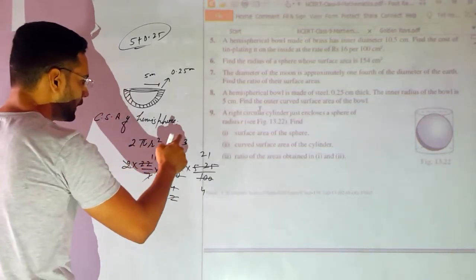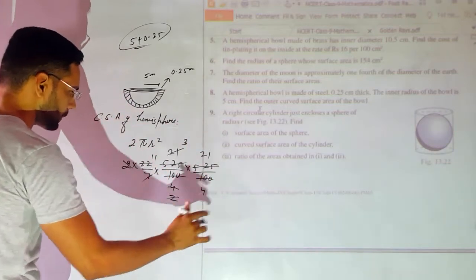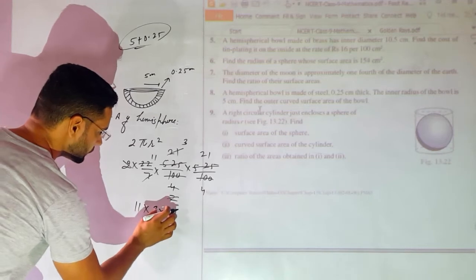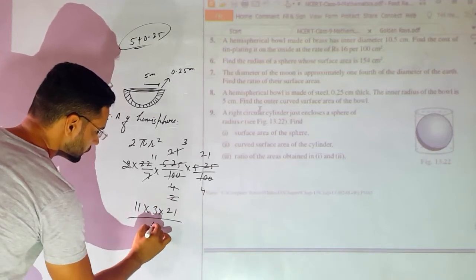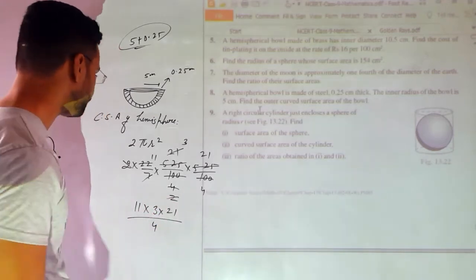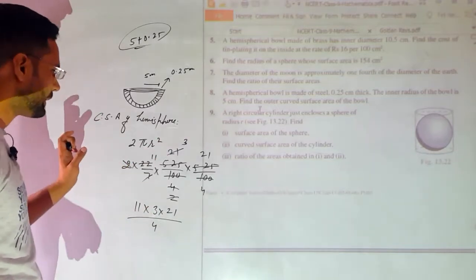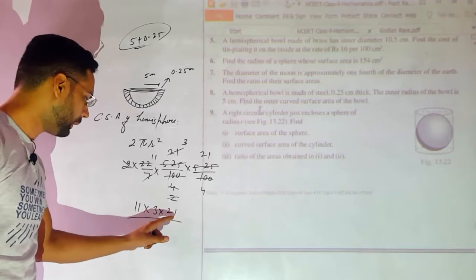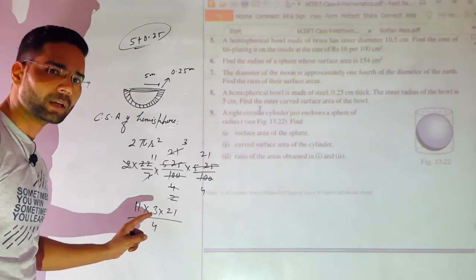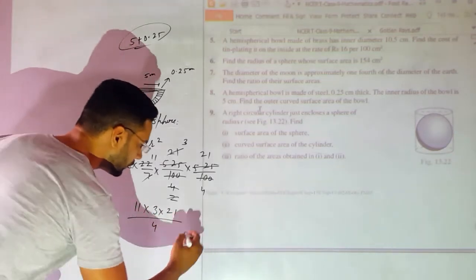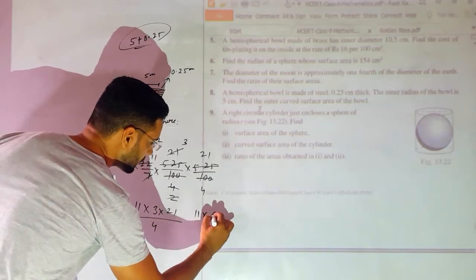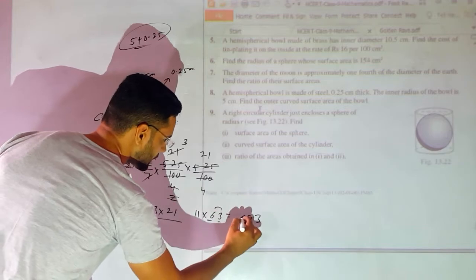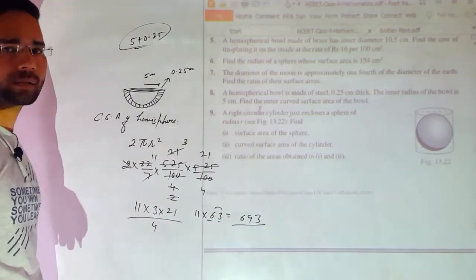Now 11 into 3 into 21, over 4 only. Short trick: 21 into 3 is 63, into 11. First 3, then 6 and 3 is 9, last is 3, then 6.